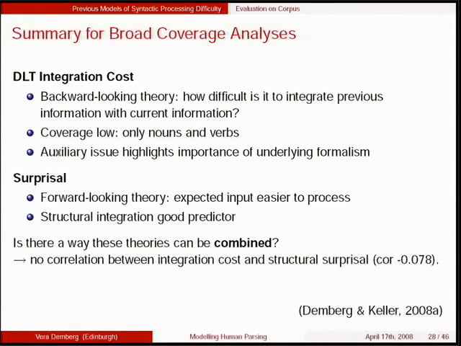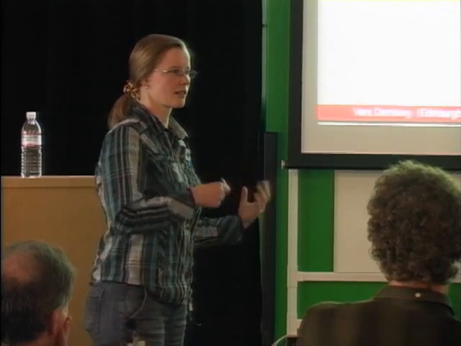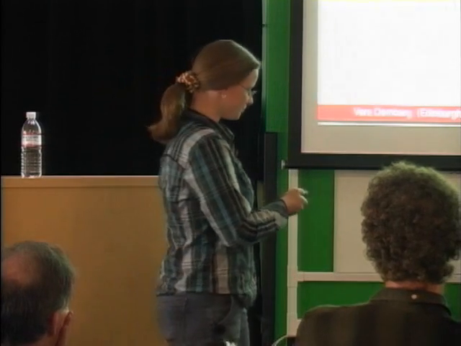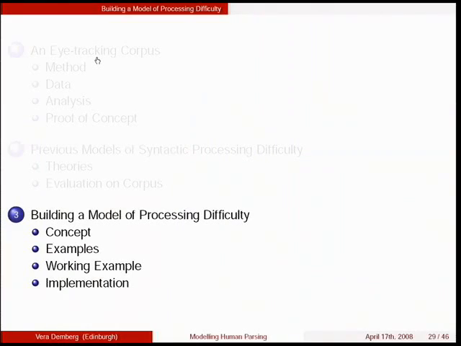And the question that comes up here is, since they seem to be capturing really different parts of processing, can they be combined maybe, or can they be improved? Can we generate a syntactic processing theory that takes advantage of what we've learned so far? So in the last part of my talk, I want to talk about the syntactic processing model that I'm proposing.